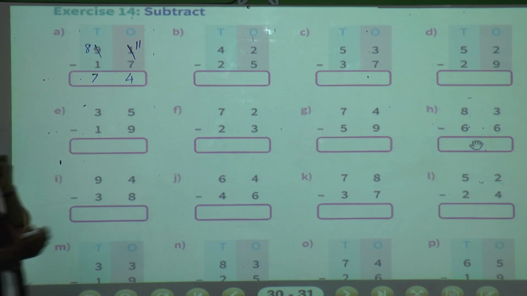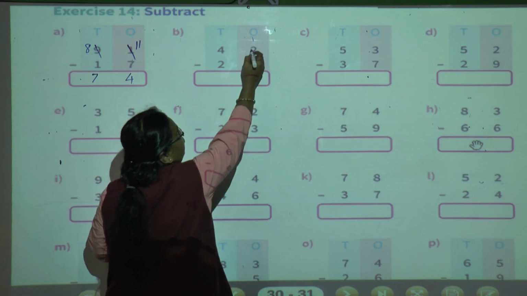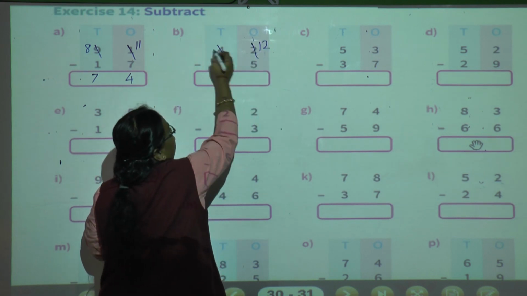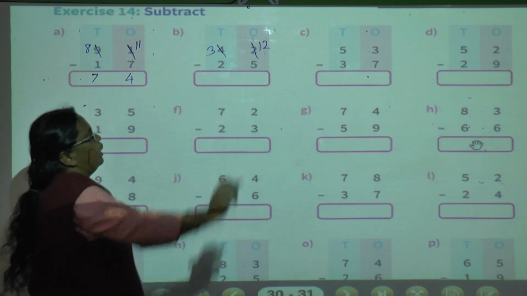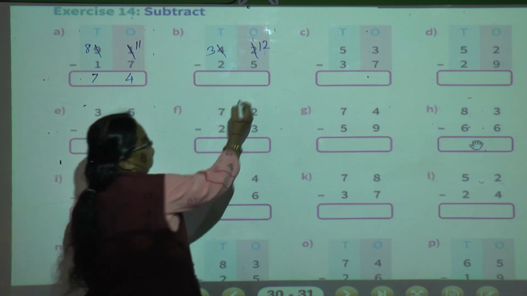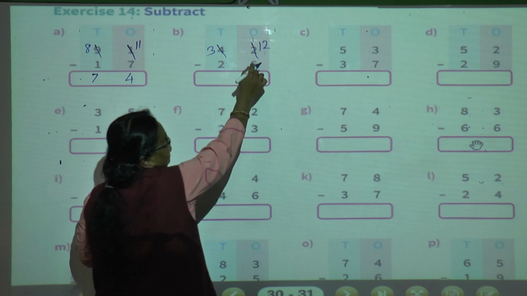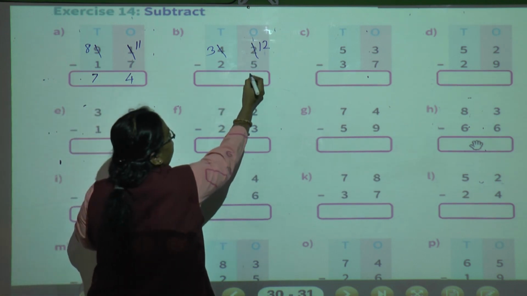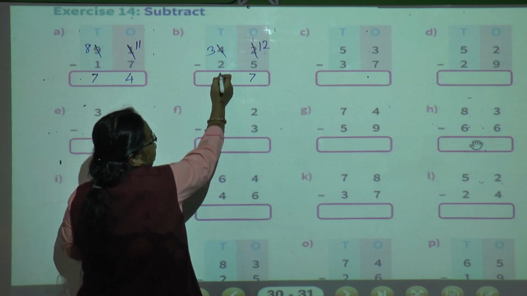Got it? In this way, same here, 12, then here 3. 12 minus 5, how much? 7. 3 minus 2 is 1.